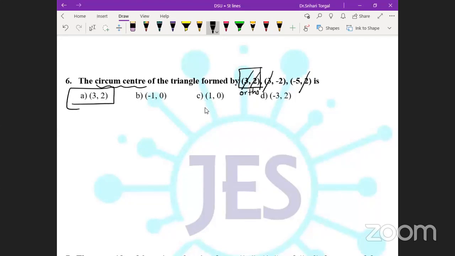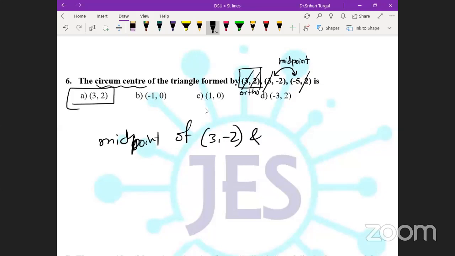To get circumcenter, you take midpoint of these two. What is midpoint of 3, minus 2 and minus 5, 2?